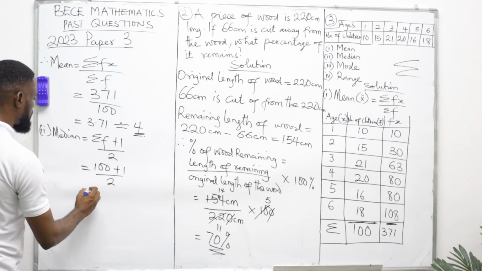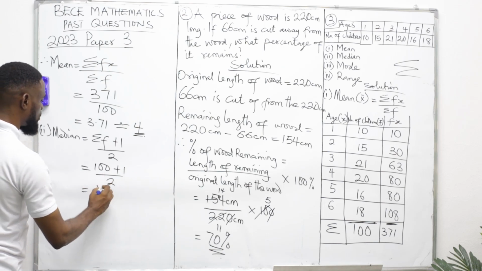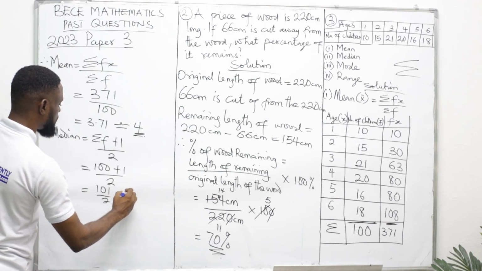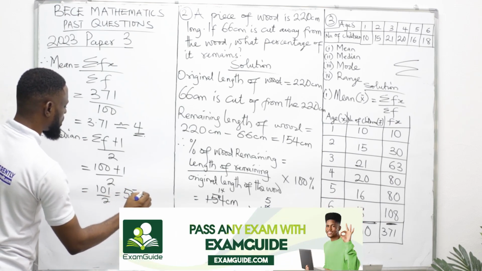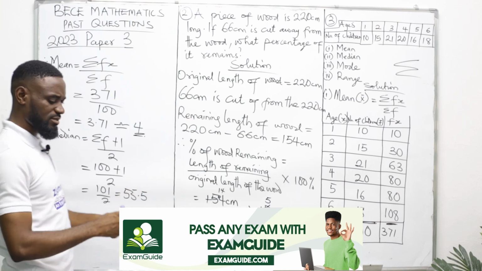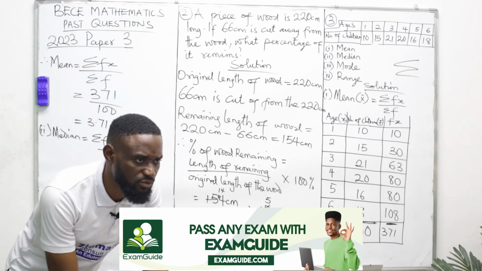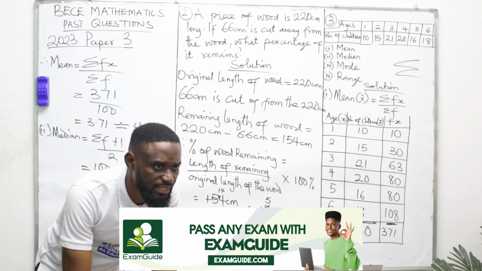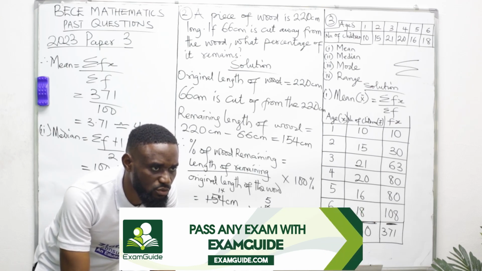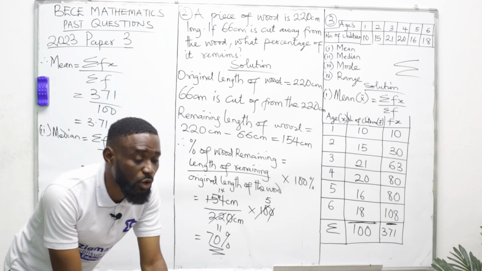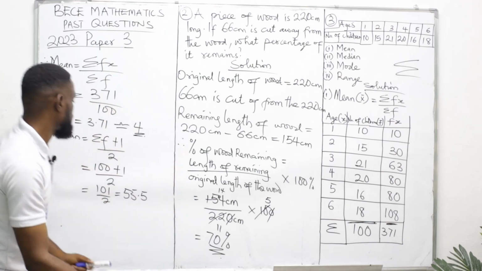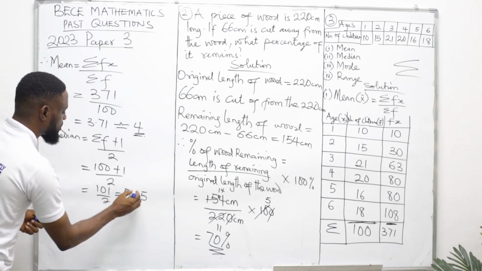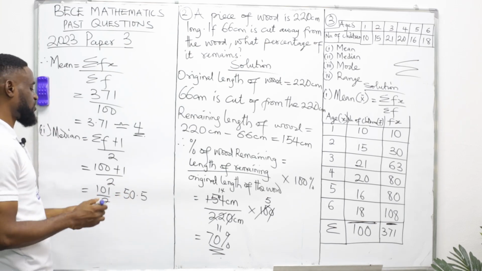So 100 plus 1 is 101 over 2. Oh, sorry, that is 50.5. Sorry, 50.5.